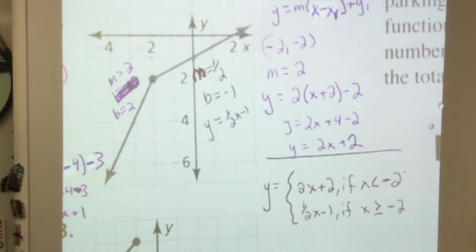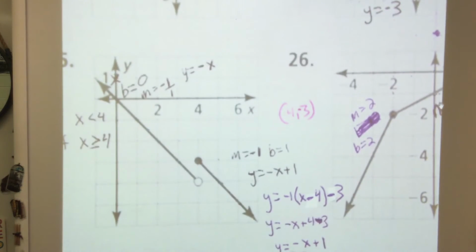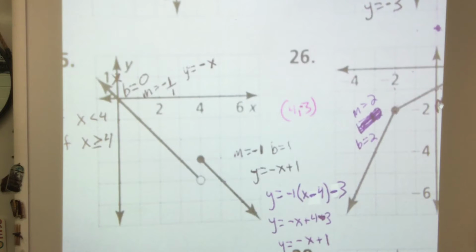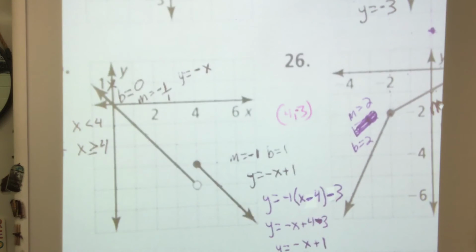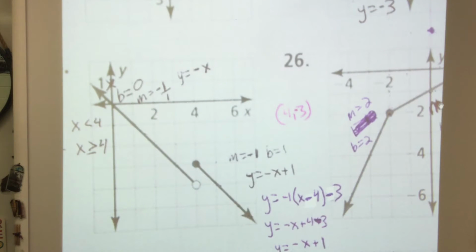And then the last one, they give us 3. I'm going to go ahead and just write them. I already showed how to do point slope form. My first equation is y is -2, so -2 if x is less than or equal to -2, so there's my first one.